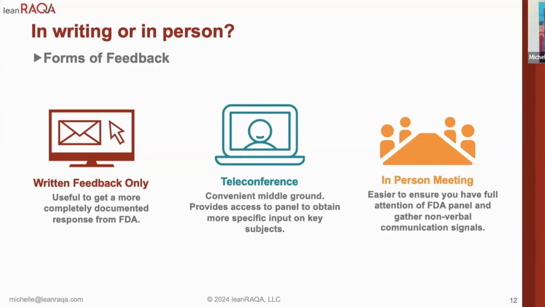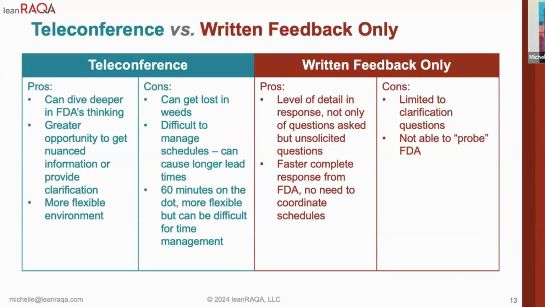So just know that there are all those kinds of dynamics in play around why you pick what type. Another advantage of having a teleconference or an in-person meeting is that you've got the advantage of seeing the body language of the FDA, which can help you read how they're positioning.